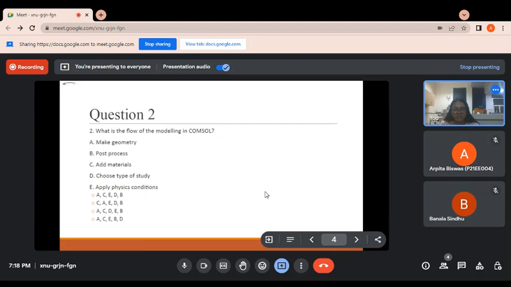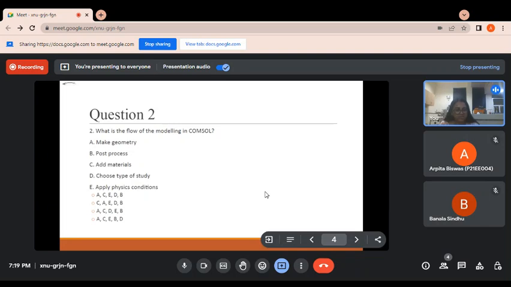The first option is A, C, E, D, B. A means at first make the geometry. When you go for the simulation, at first we need the structure, then we have to draw the structure.